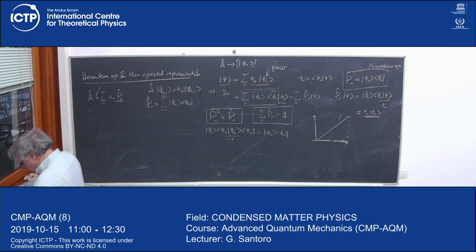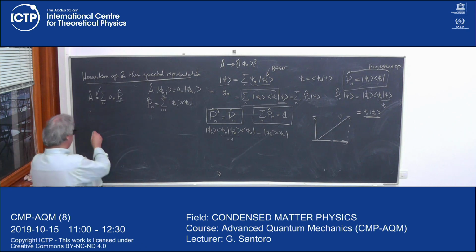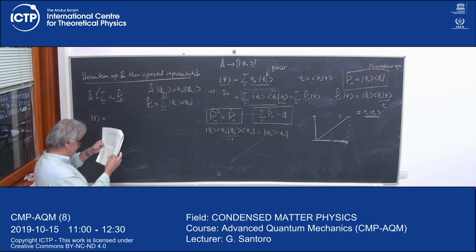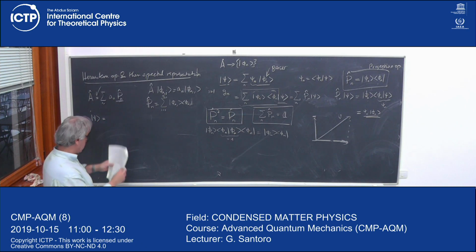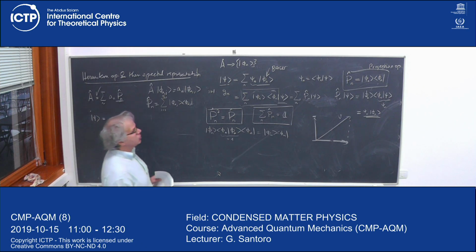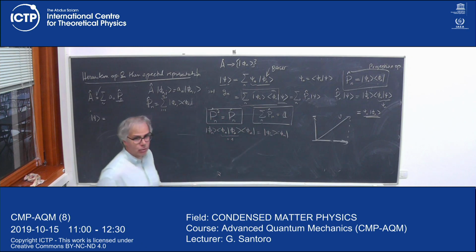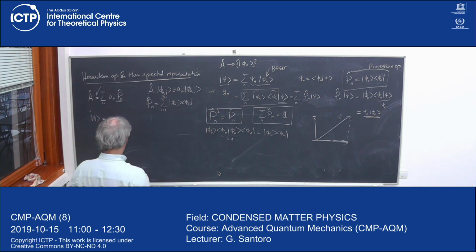Okay, so I have a state psi. I rewrite this in terms of the identity, and I told you that the identity is the sum over all eigenvalues of any operator you want of the Pn.